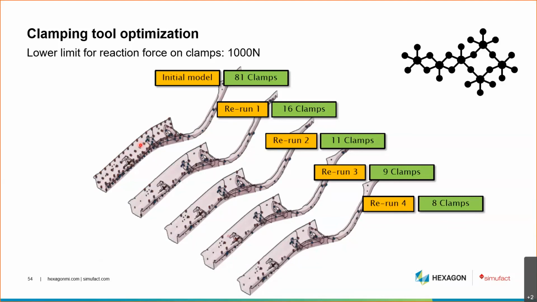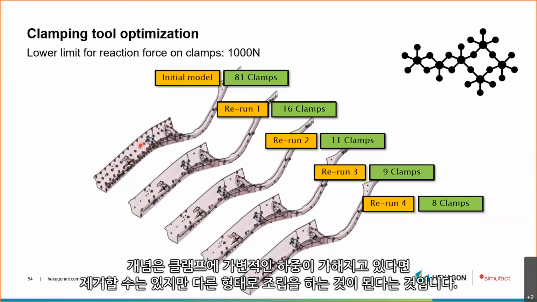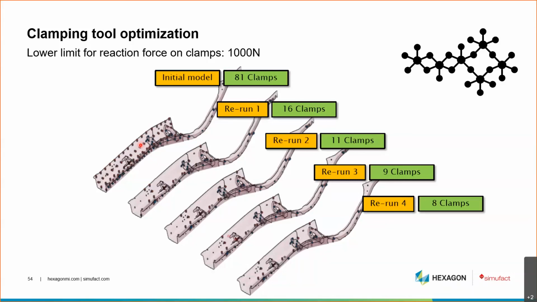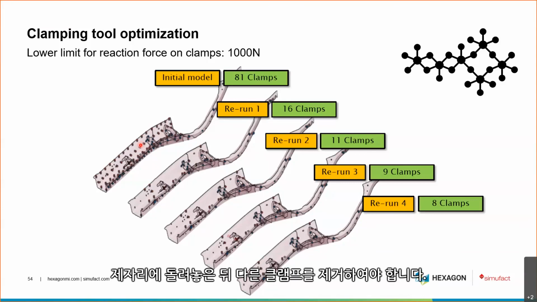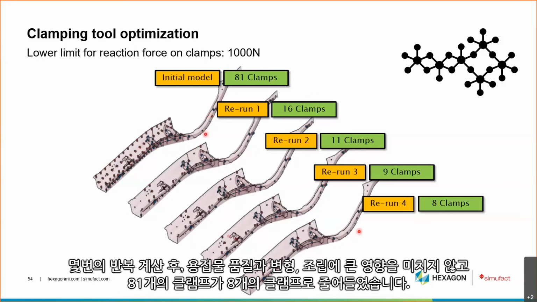So basically, the idea is if the clamp is experiencing very low forces, it can be removed. But if due to this removal, the deformation of the assembly increases, we have to put it back and remove maybe some other clamp. So after a couple of reruns, we went from 81 clamps to only 8 clamps without big influence on the quality of the weldment, basically on the deformation of the assembly at the end.